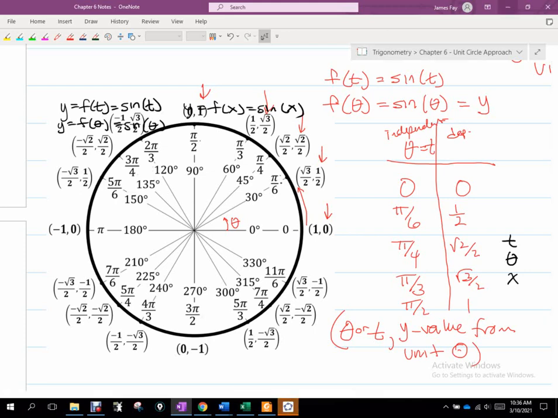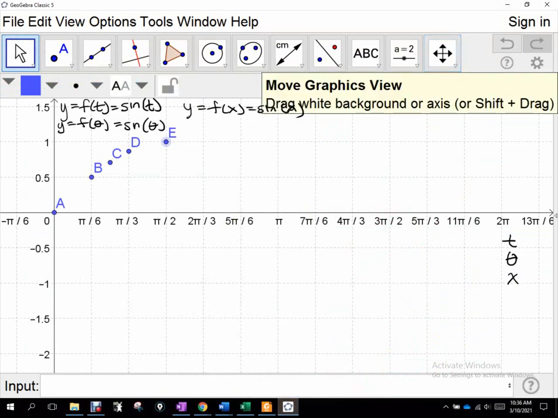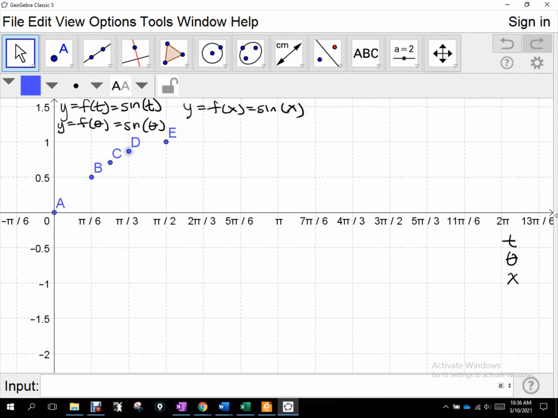Because of symmetry, I should know that this point right here is going to be symmetric to another point over here. Does that make sense? So at 2 pi over 3, I should have the same y value as I had at pi over 3, and that was the square root of 3 over 2.